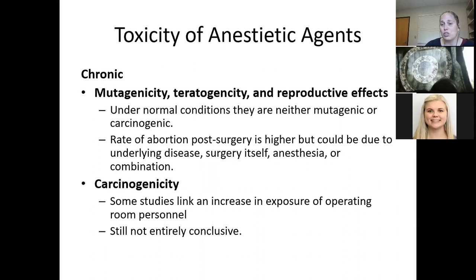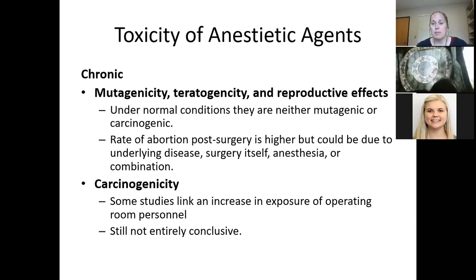Under normal conditions, they should be neither mutagenic nor carcinogenic, but there has been shown an increased rate of abortion post-surgical procedures, but it's hard to determine exactly what the reason for that is. Is it the anesthetic? Is it the disease that the individual is being treated for? Is it a combination of those?